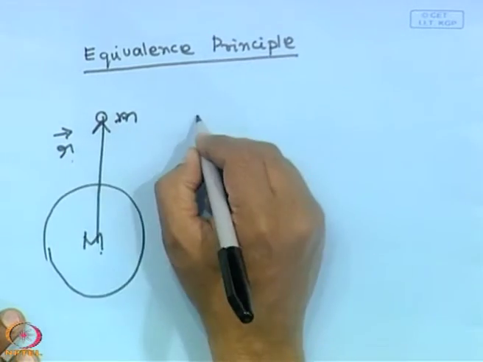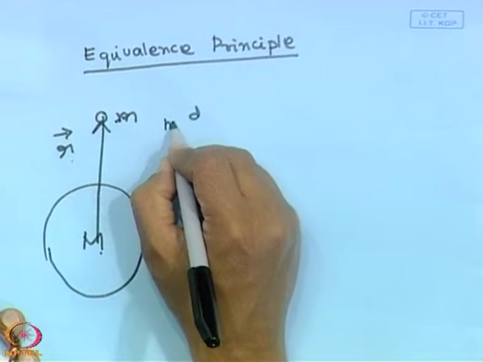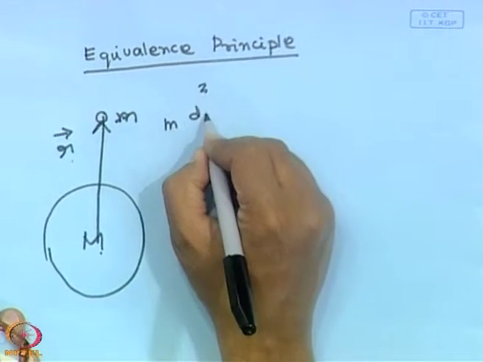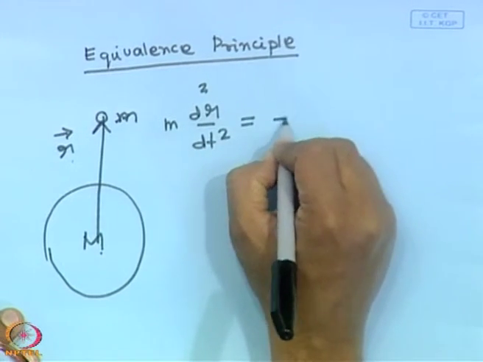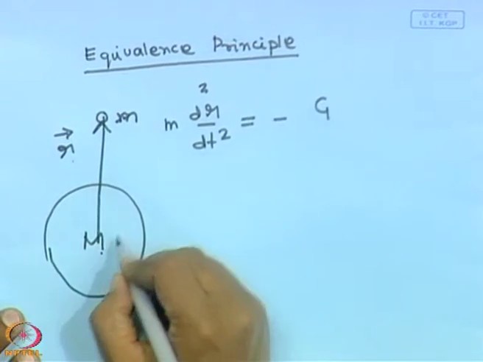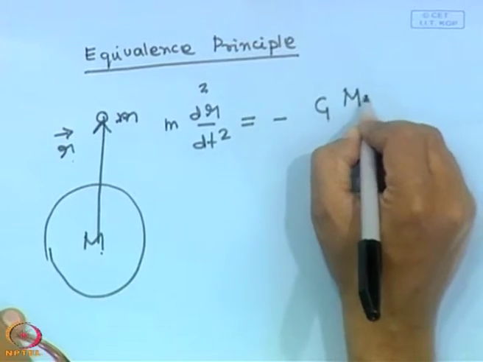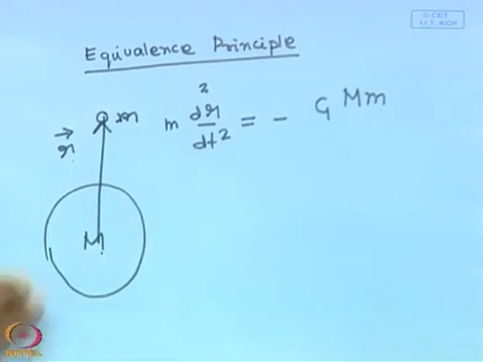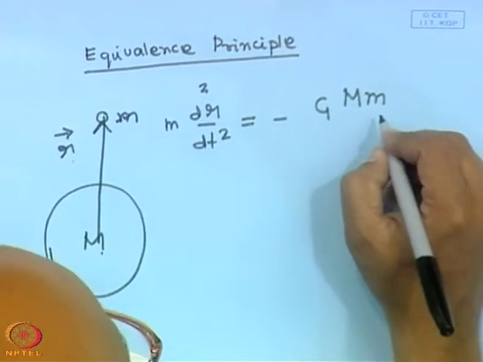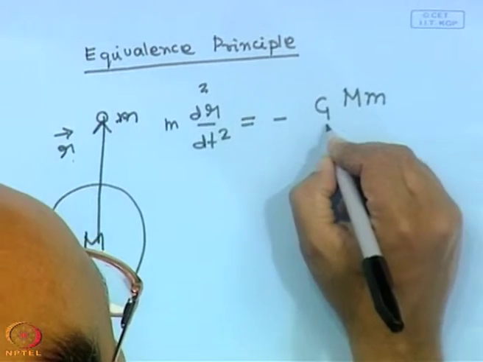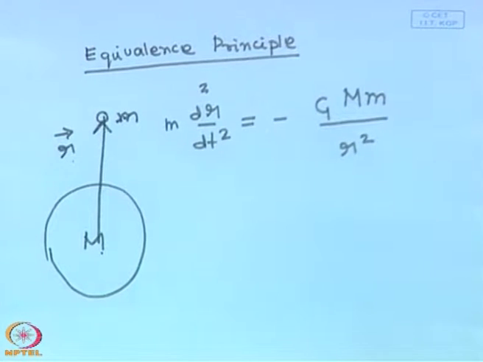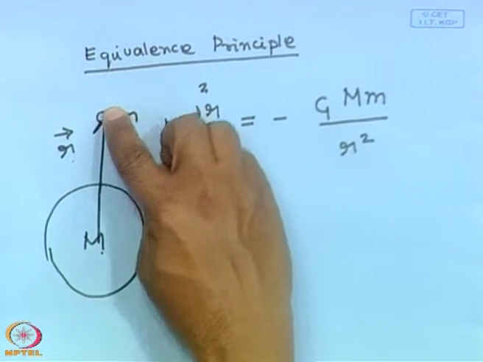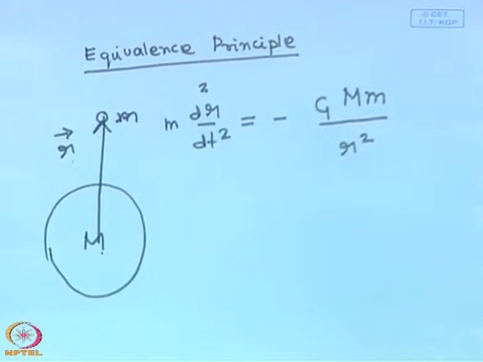The mass of this object into the acceleration will be equal to minus G, the mass of the two objects which produce the gravitational field, into 1 by r square. There is no need to write it in vector form. That is the equation of motion for this particle, and it is going to move radially.